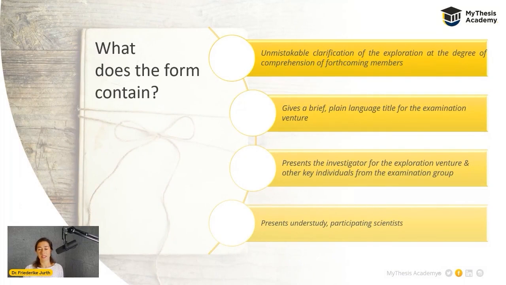First, it is important that there is an unmistakable clarification of the research at the level of comprehension for prospective participants. Then it is also crucial that your document, your writing, gives a brief and plain language title for the research project.